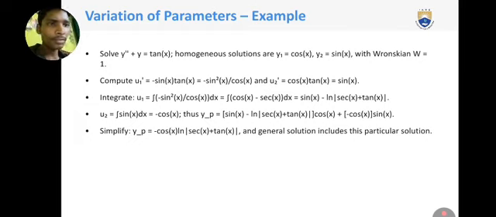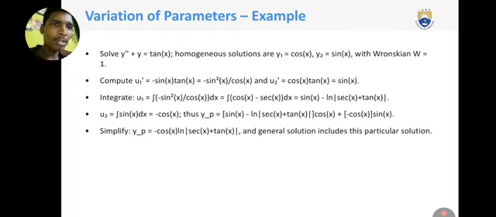Integration. In integration we get the final answer u1 = sin x - ln(sec x + tan x), and u2 is the integration of sin x dx, which is -cos x.